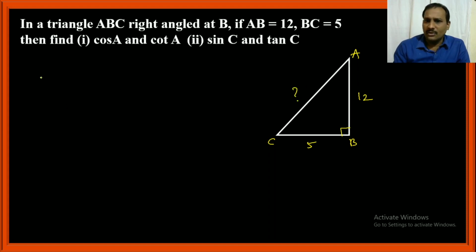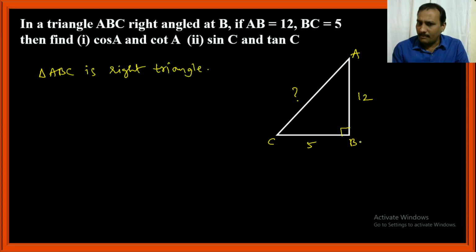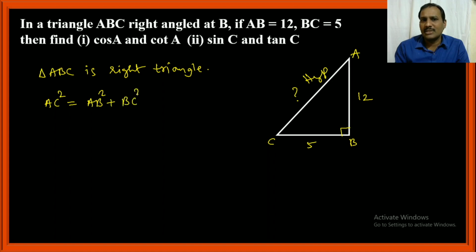So triangle ABC is a right triangle, right angled at B. Therefore, AC is the hypotenuse. So, according to the Pythagoras theorem, AC square is equal to AB square plus BC square.